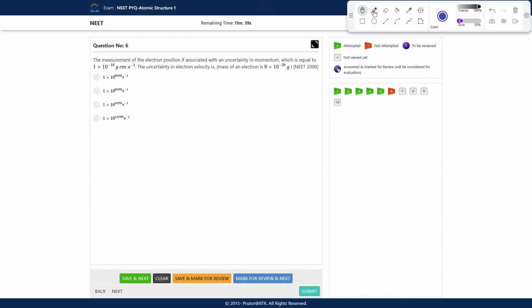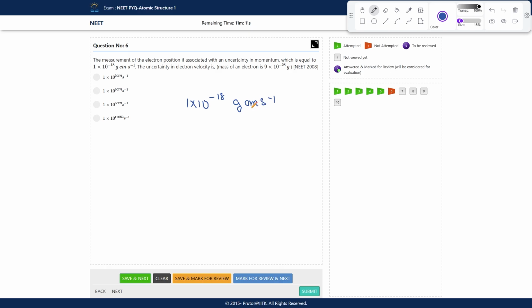The measurement of the electron's position is associated with the uncertainty in momentum, which is equal to 1 into 10 to the power minus 18 gram centimeter per second. Now the uncertainty in electron's velocity will be, the mass of the electron is given.